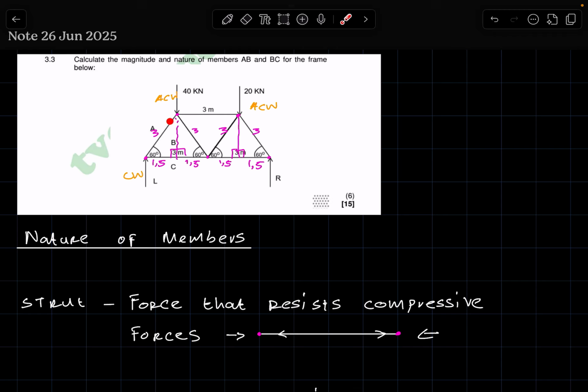So now we have L, so we'll be able to get member AB and member BC using the method of joints in conjunction with the triangle law.